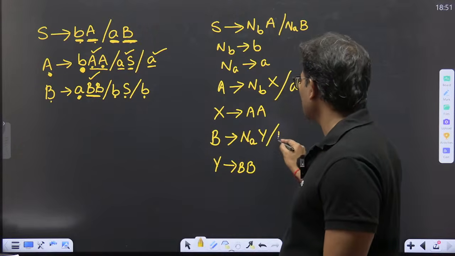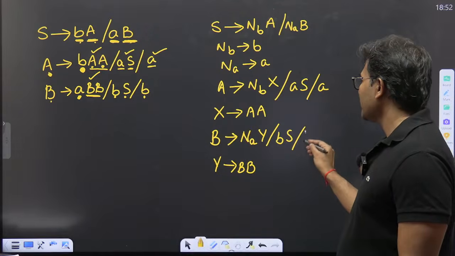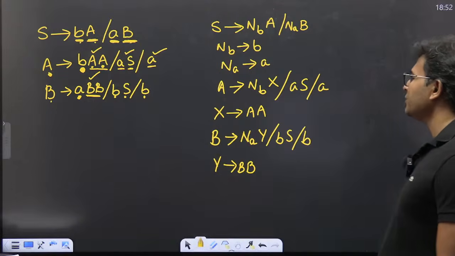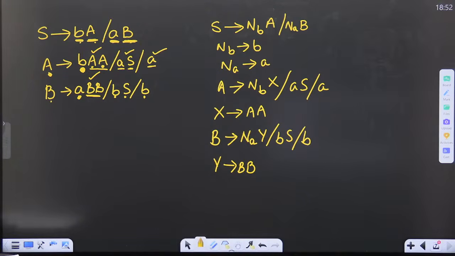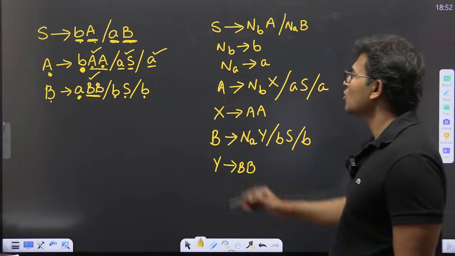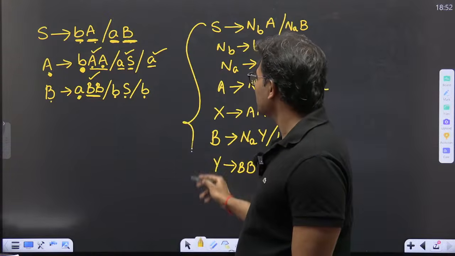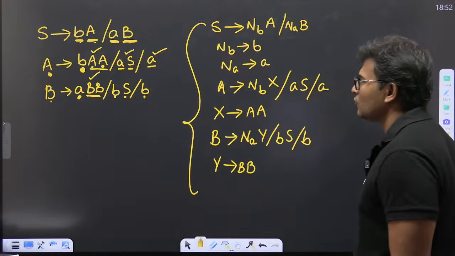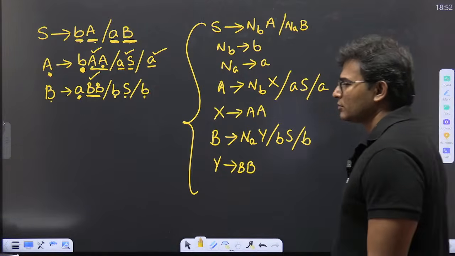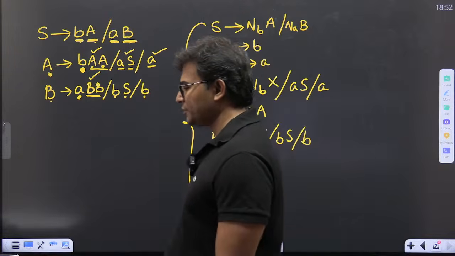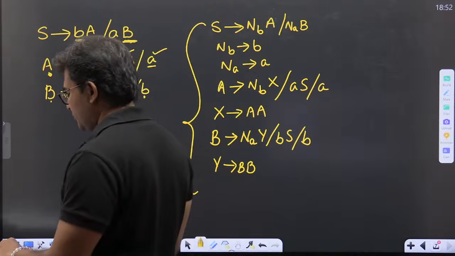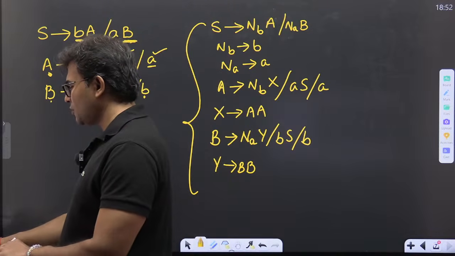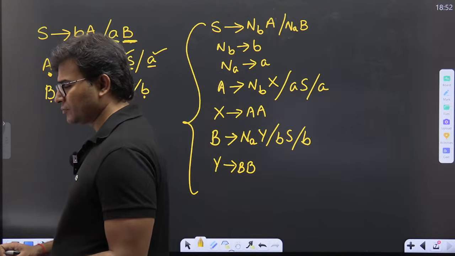And then we have BS and b. Right? So this is the CNF for that grammar, the Chomsky normal form for that grammar.